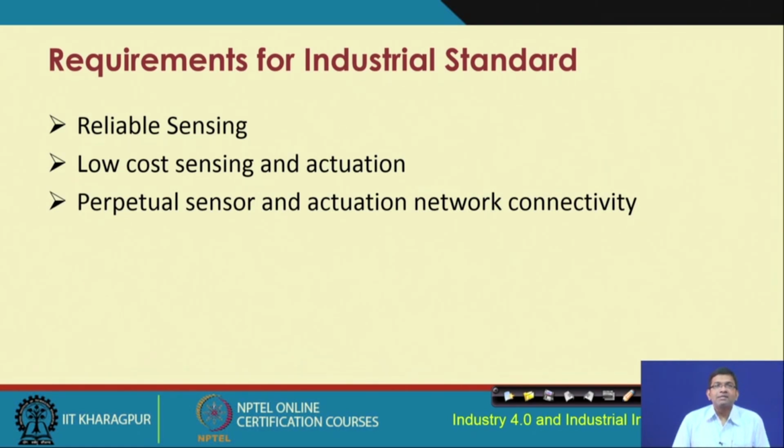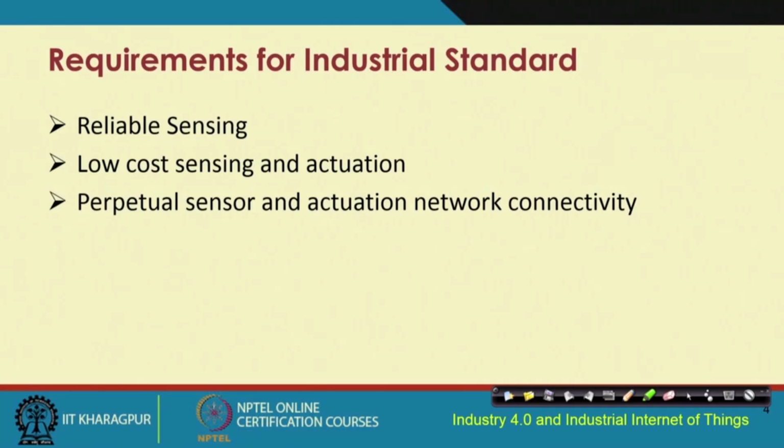It should not happen that one sensor is so costly that you can use it for only one machine, because in the industrial internet or IIoT, you have to internetwork all these different machines and consequently these different sensors. If you want to replicate and scale up, you need these to be very cheap. These sensors and also the actuators will have to be very cheap, otherwise you cannot have multiple such sensors deployed in different machines.